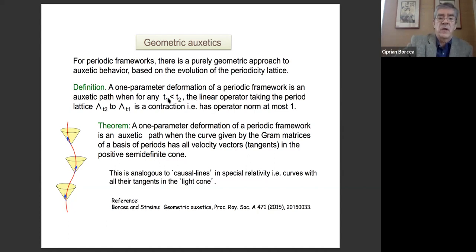So if we evolve in time from t1 to t2, then t2 would be the subsequent moment. So the structure has grown, and when we look back from t2 to t1, we should have a contraction. So this was the initial definition, but the most useful equivalent definition is the following.